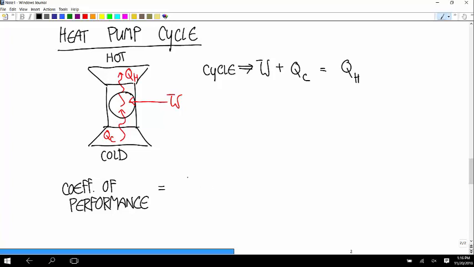Yes, gamma. And what is the one goal of a heat pump? Right, QH. And what's the cost of running a heat pump? Work. So from up here, we know the work again is equal to QH minus QC because it's a cycle.